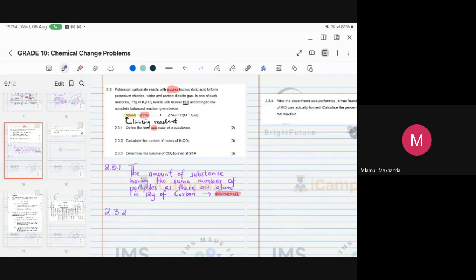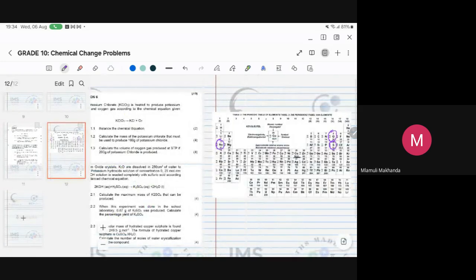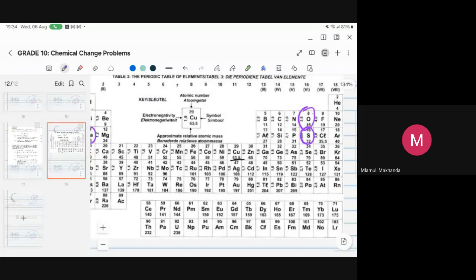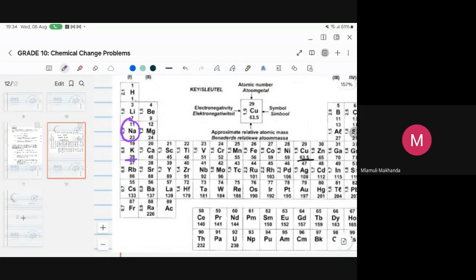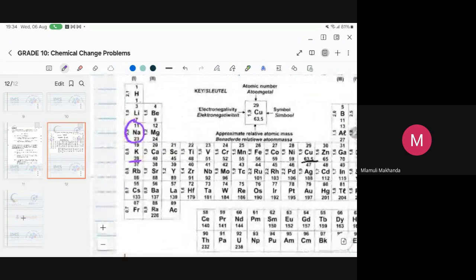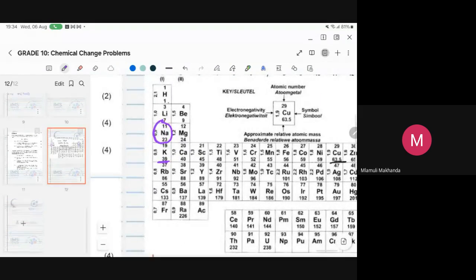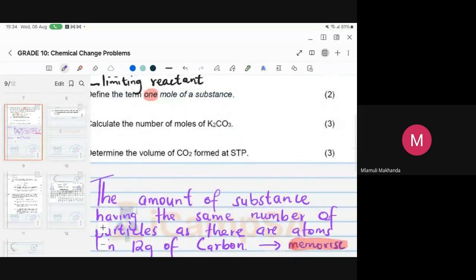Calculate the number of moles of K2CO3, which is potassium carbonate. Before we find it, remember, we just need to find first the K2CO3 molar mass, which is, we have to use our periodic table. Potassium is 39 grams per mole. I think we know the other ones, so let's go back.